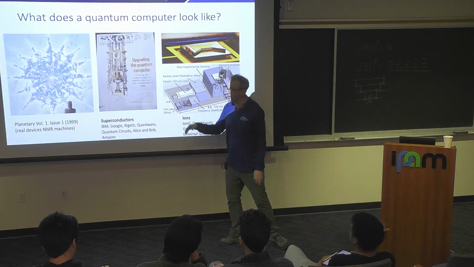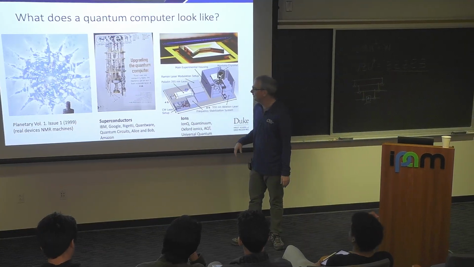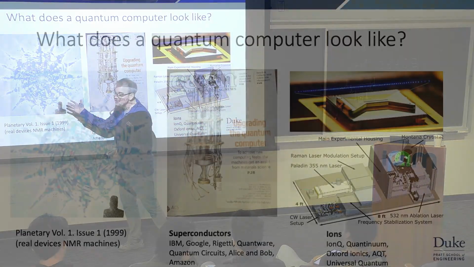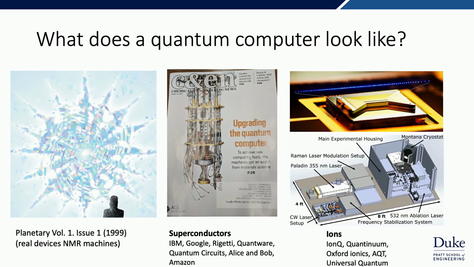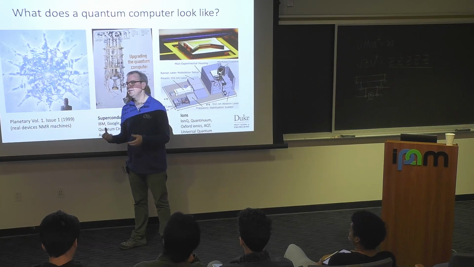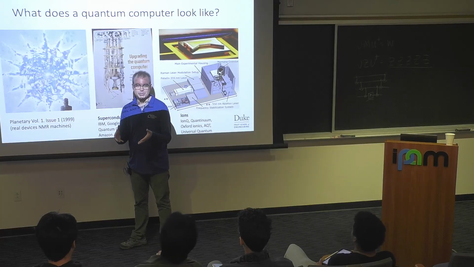Okay, so I just want to start off with what does a quantum computer look like? And this is the first fictitious image of a quantum computer that I know of, which is from a comic book series called Planetary. I really like this storyline. The storyline is, of course, during World War II, the British had secret regular computers, which they destroyed at the end of World War II to keep that secret.